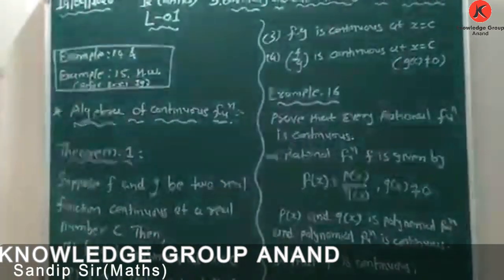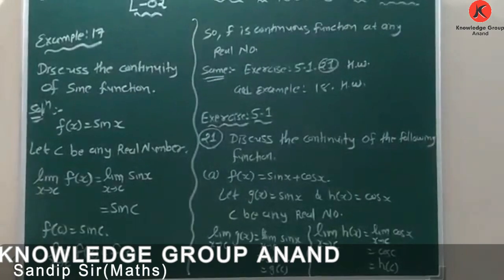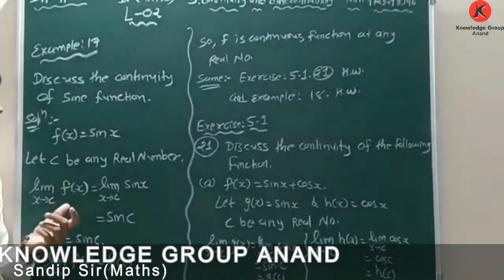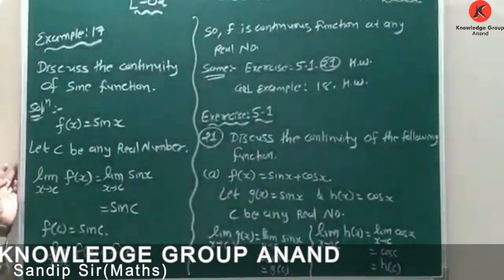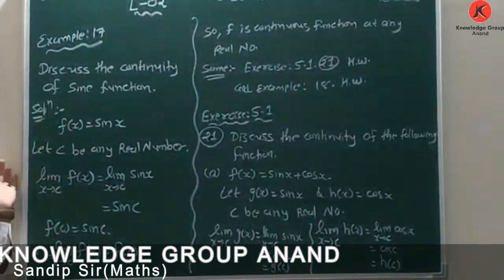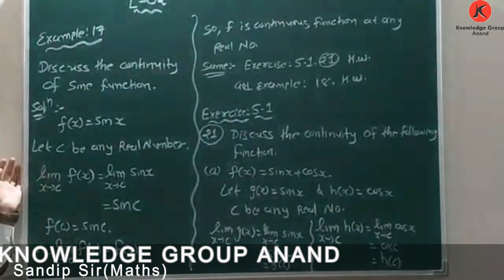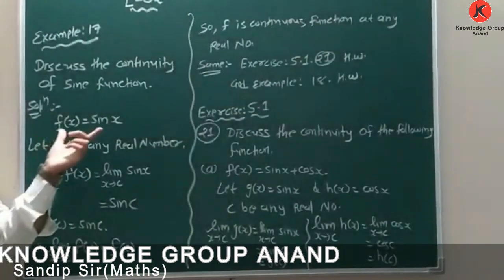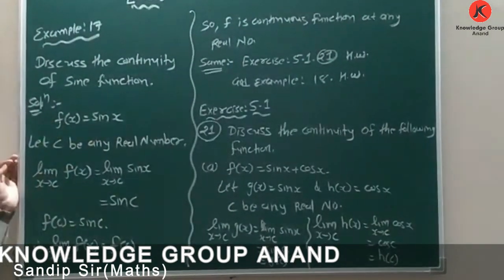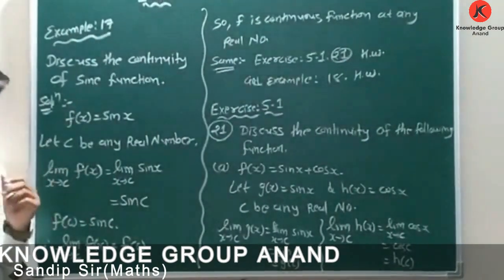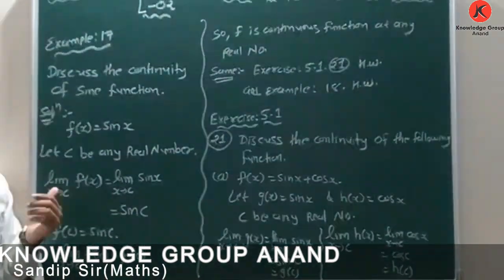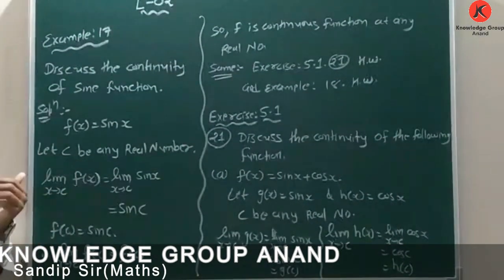Okay, example number 17. Discuss the continuity of the sine function. You have to find at which point the given sine function is a continuous function. Consider f of x is equal to sin x. Let c be any real number, c belongs to R. At that point, you have to check whether the function is continuous or not.